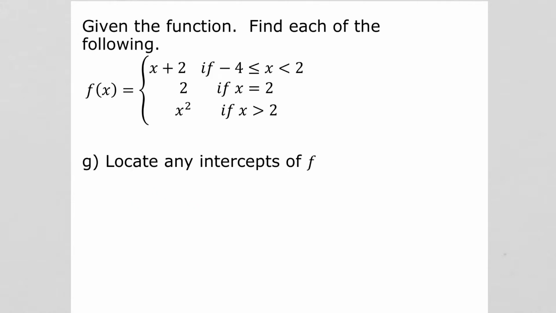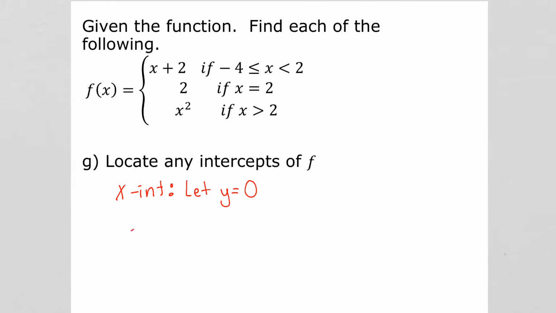And then last, we want to locate x-intercepts and y-intercepts. So find an x-intercept. Well, how do you find an x-intercept? You let y be 0. So where would y be 0? We've got to think about, again, our values at each of these.